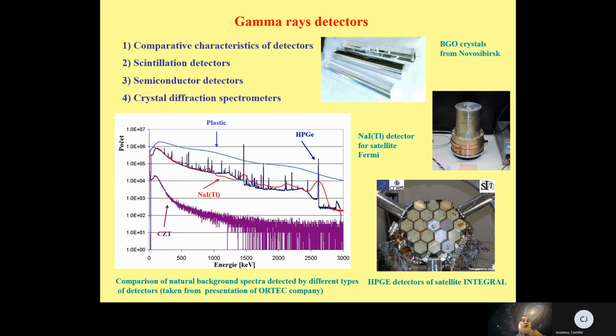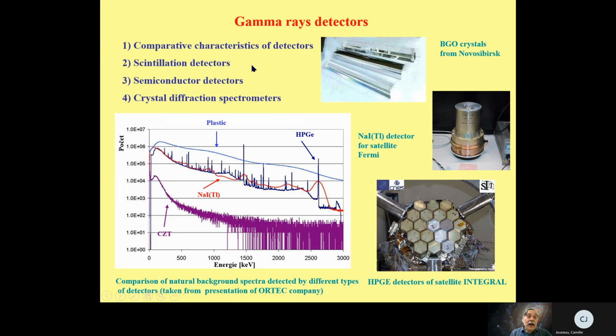Now we will discuss which detectors are possible to use for the detection of gammas. At first, we will discuss which quantities are best for describing the characteristics of detectors, and which you need to look at in manuals if you want to buy a new detector for your experiment or analysis.